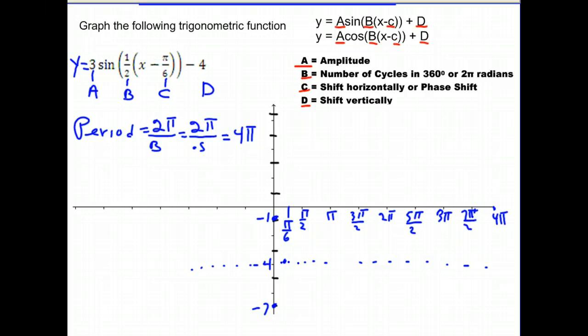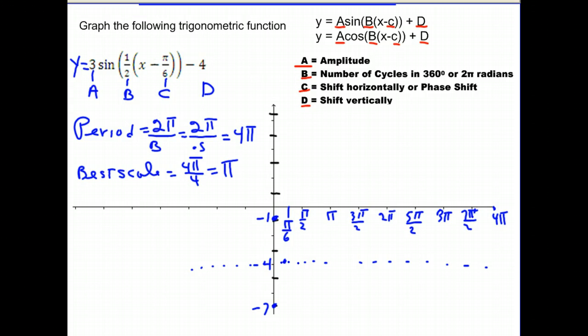And so since the period is 4 pi, we need to break that into its 4 equal segments, so we know how long the distance will be between the minimum point and the midline to the max point, and so on. So that's called our best scale. And our best scale simply takes our period and divides it by 4. That tells us that our sine curve will be broken up into 4 equal parts of pi units.